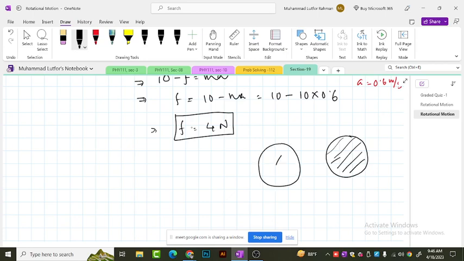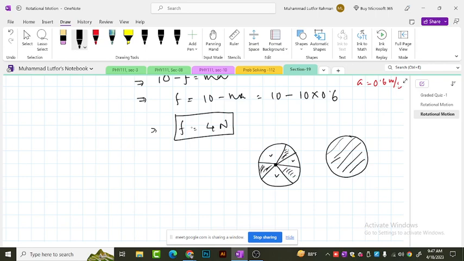If you closely observe the wheel of a car, this portion is vacant. So I cannot say the moment of inertia of the wheel of a car would be the moment of inertia of a disc.